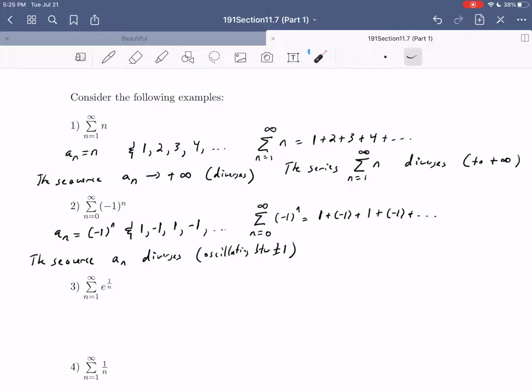Once again, we immediately know the behavior of the series. From the test for divergence, if the sequence diverges, then the series automatically diverges as well. Remember, if the sequence goes anywhere but 0, the series automatically diverges. So in this case, the series sum n equals 0 to infinity of minus 1 to the n diverges.